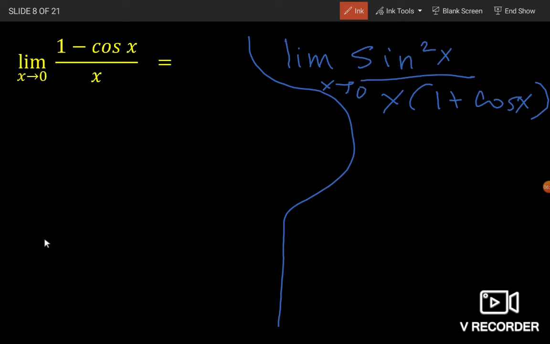Now our expression is limit of sine squared x over x multiplied by 1 plus cosine x as x approaches 0.